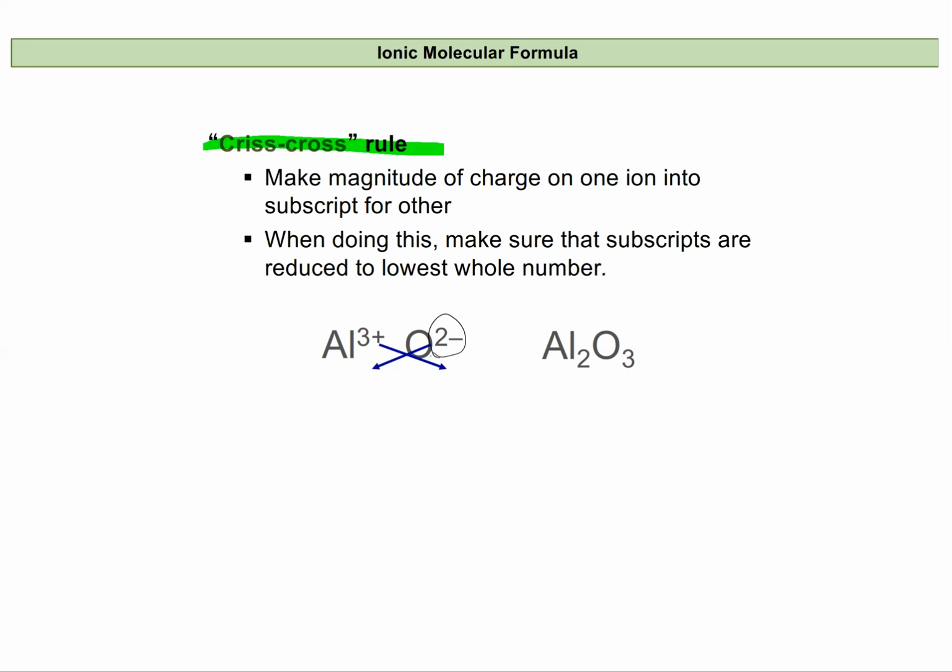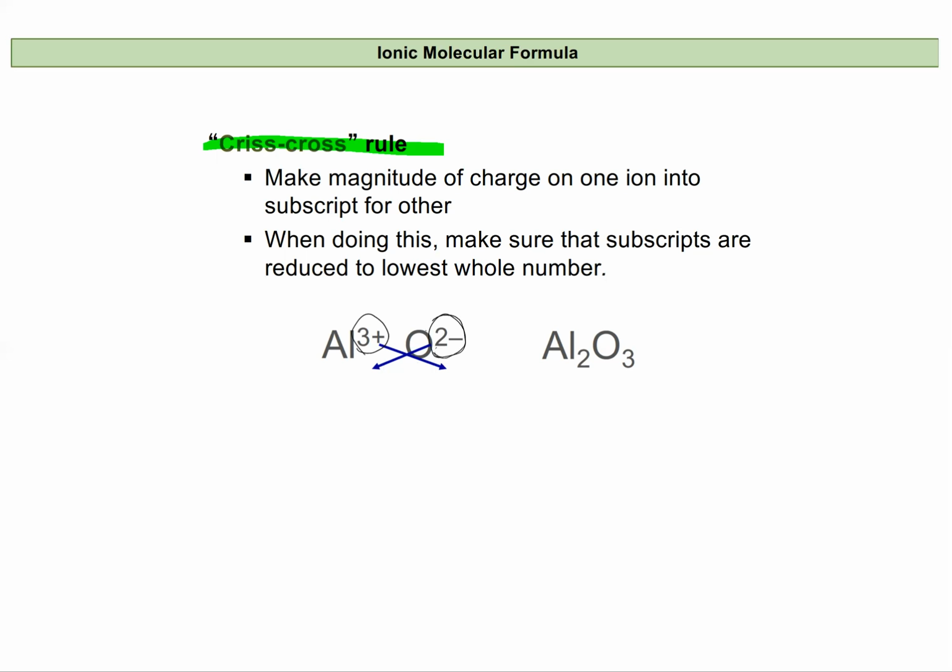So oxygen has a magnitude of charge that is -2, and aluminum has a +3. We take that charge and make it the subscript on the other atom, or the ratio of the atoms that we need to balance out our charge.